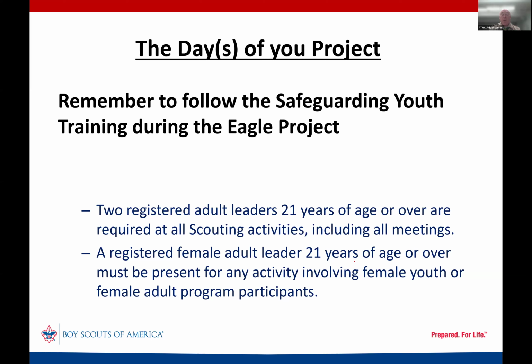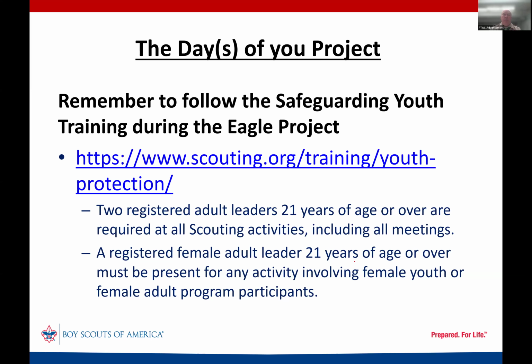Also, if there are any female youth present, a registered female who is 21 years of age or older must also be present. So this idea about safeguarding youth applies not only to campouts and troop meetings, but also to our Eagle Scout Service Project.